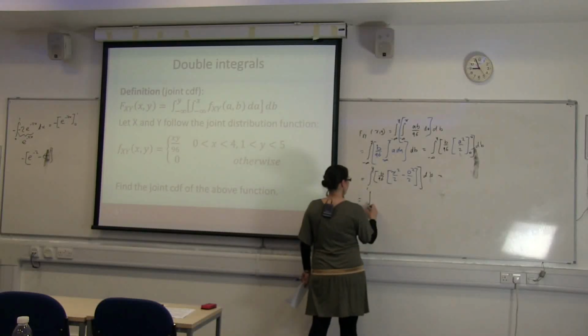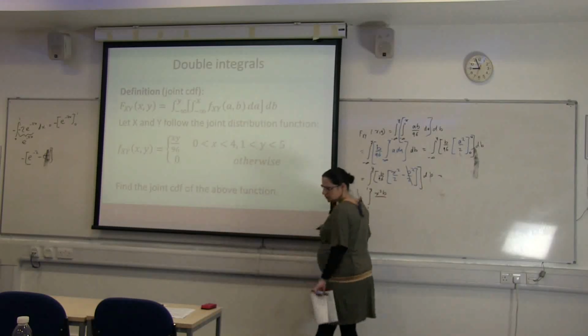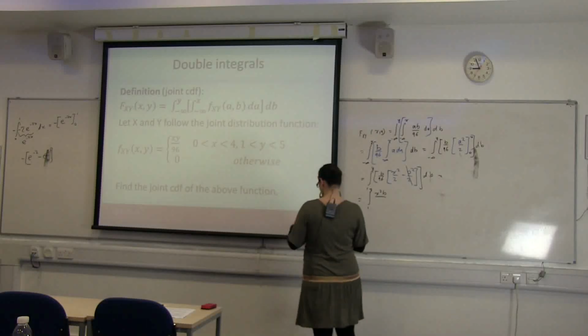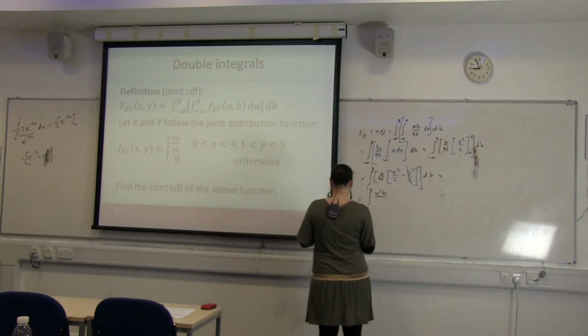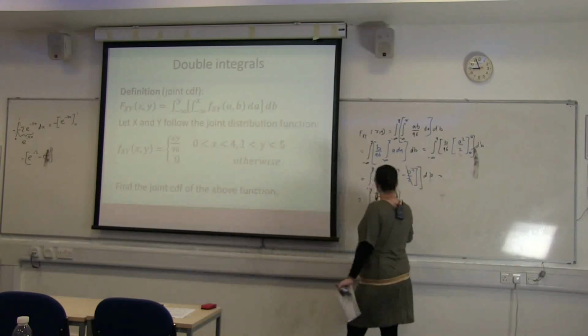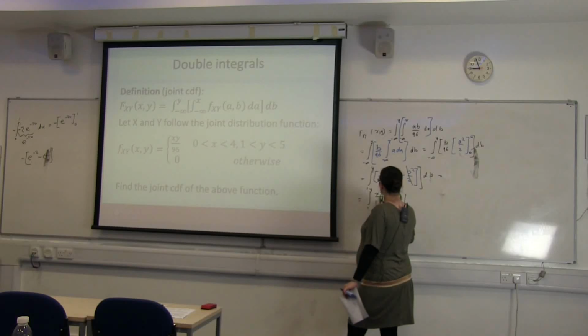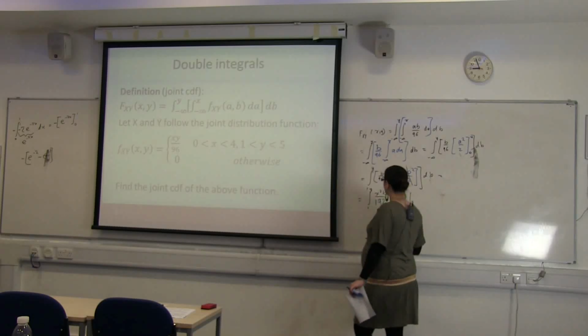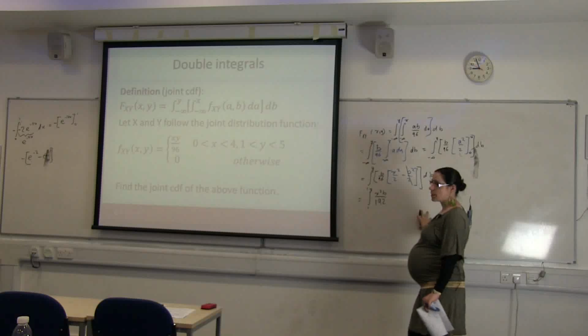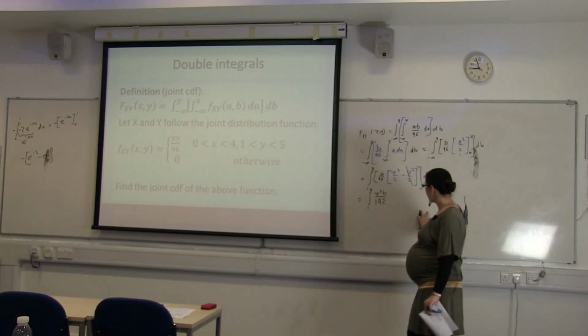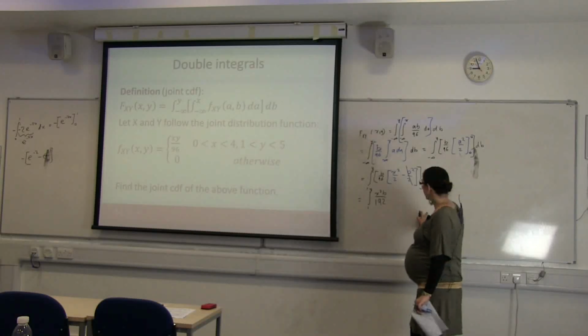So the integral of 1 over y, well, that one's basically just 0. So what I've got now is x squared b over, what is 2 times 96? 192. 180 plus 12, 192.